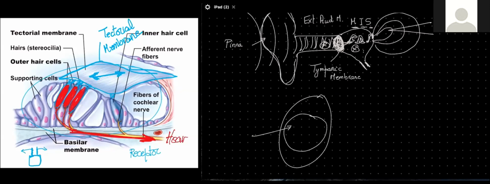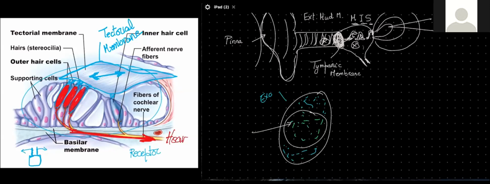Outside of it, you've got the fluid that we call perilymph. Inside of it, you've got a fluid called the endolymph. This will allow you to divide the cochlea into three main compartments.